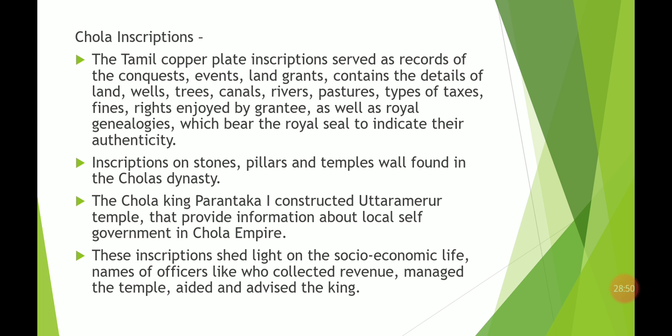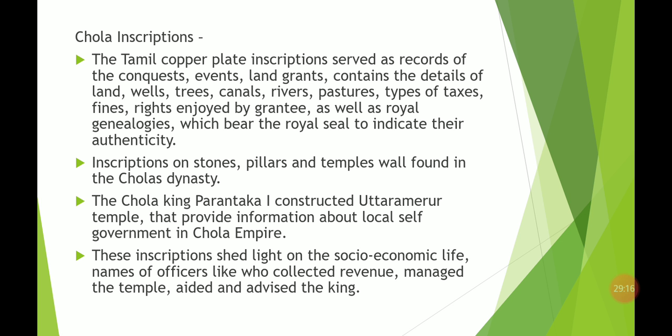Now, how do we get information about the Chola Empire? It is from inscriptions, the archaeological sources that I explained in the first chapter. I am giving you the example of the Tamil copper plate inscription. This was the most famous resource that gives us information regarding the Chola Empire.